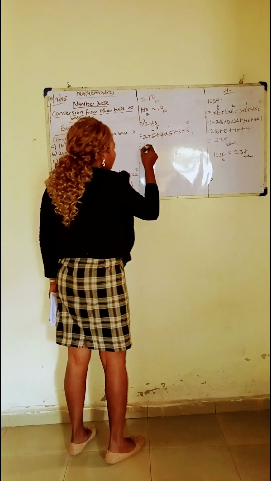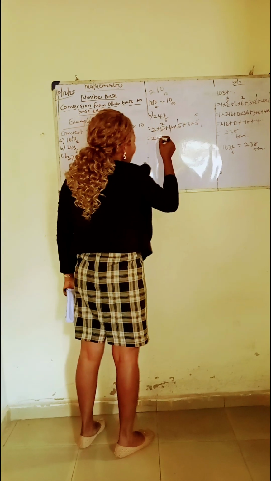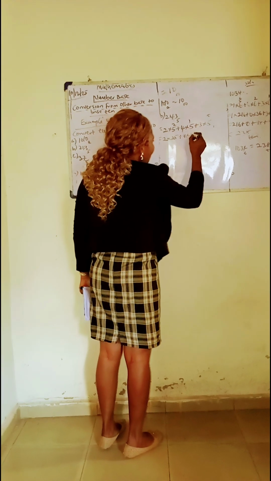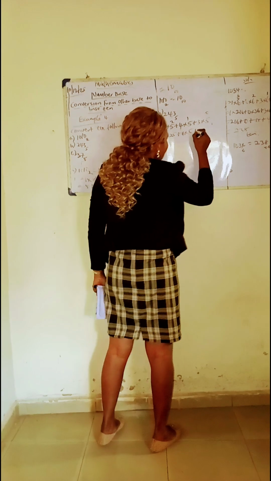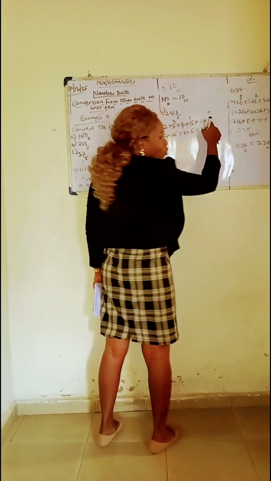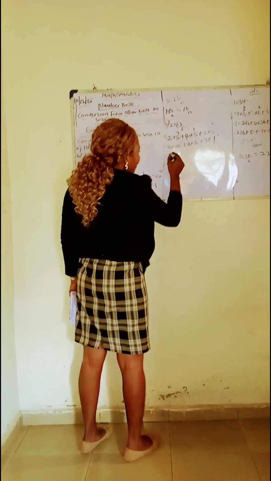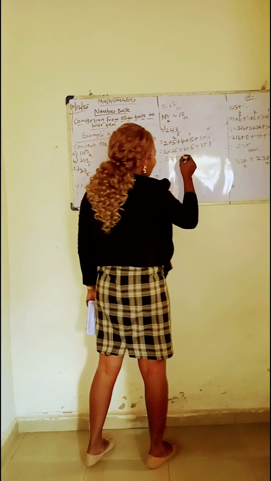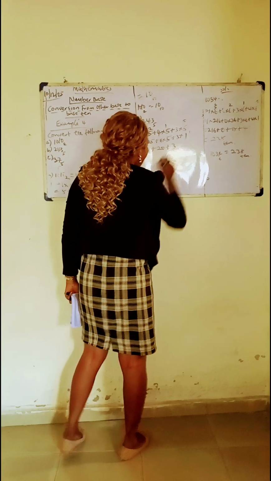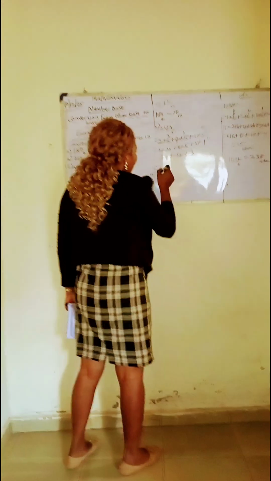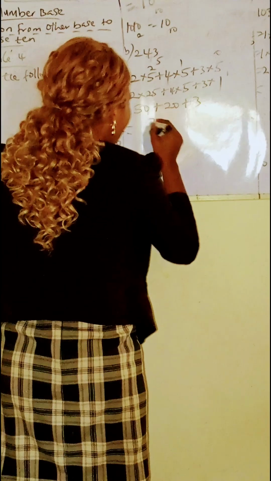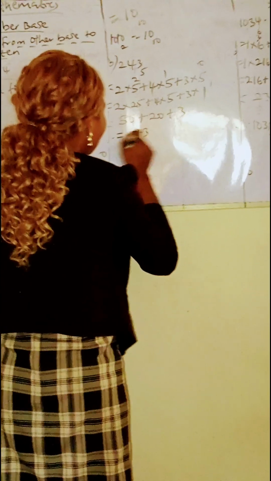So you have 2 times 25, which will give us 50. Plus 4 times 5 will give us 20, plus 3. So we add up. 50 plus 20 will give us 70, plus 3 will give us 73 to base 10.